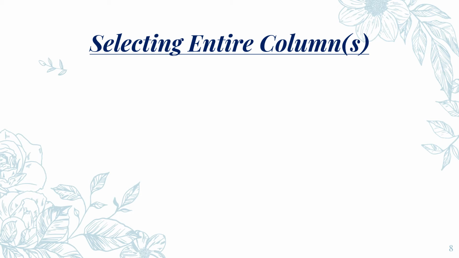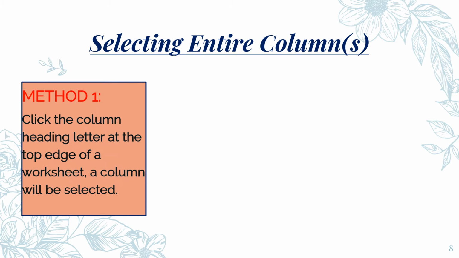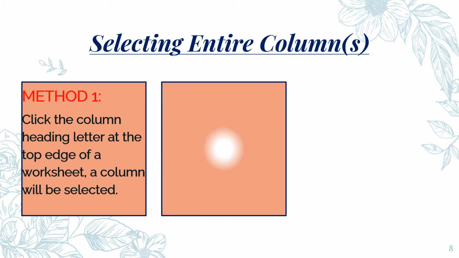Next is how you can select the column. Means when you want to select the entire column, the complete column, there are three different methods. First method is click the column heading letter that is present at the top edge of a worksheet and with this you will be selecting a particular column.